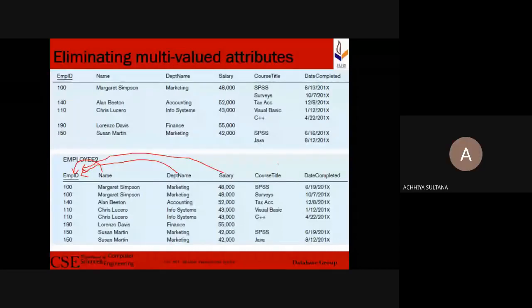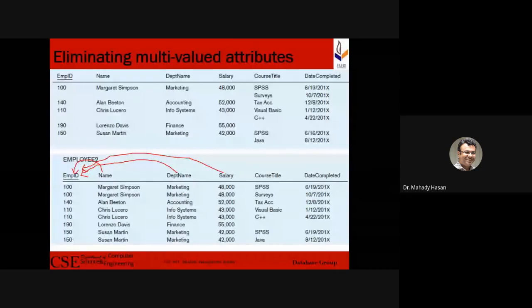So what is our objective? Our objective was one primary key. Employee ID is not able to make this a primary key. Why? Because employee ID is repeating. The value of employee ID 100 has been repeated, 110 has been repeated, 150 has been repeated. So employee ID alone cannot be the primary key. That was the problem, right?